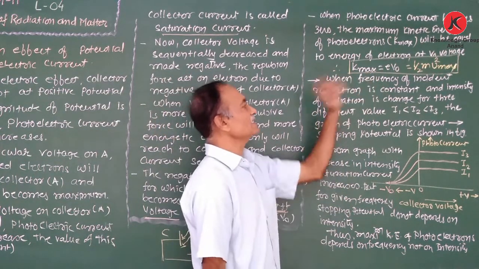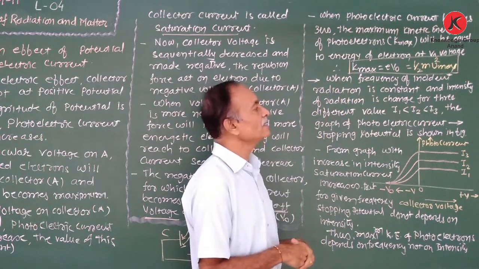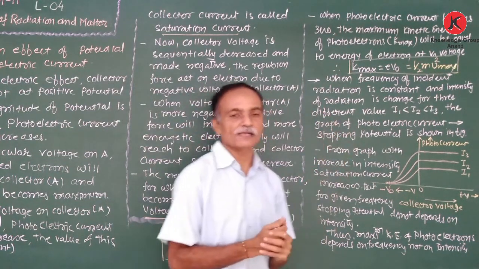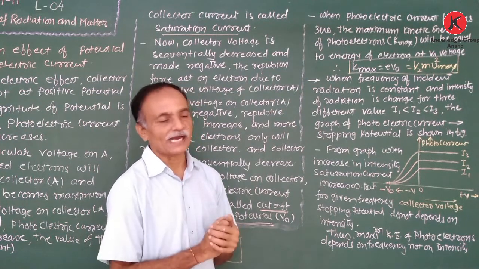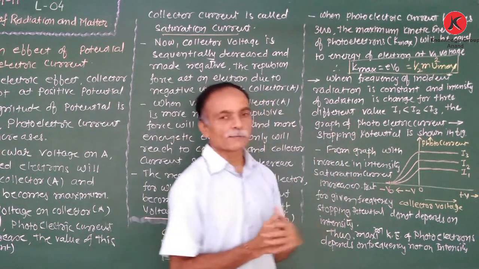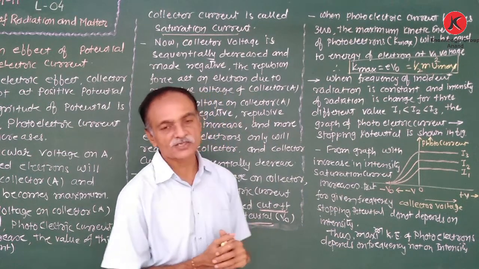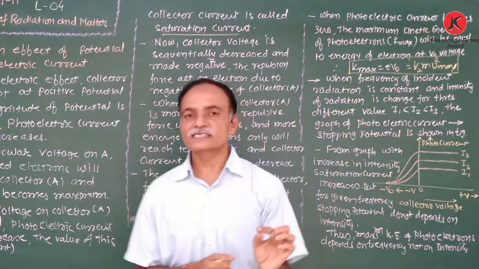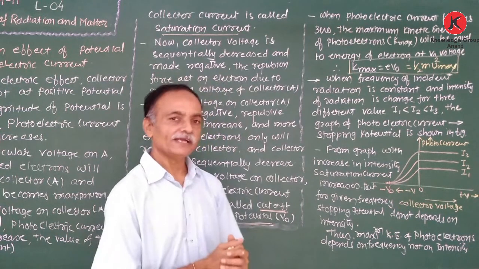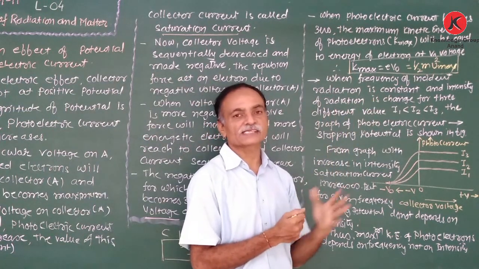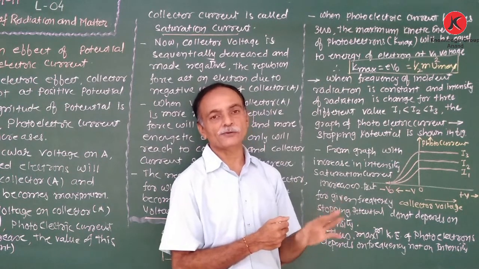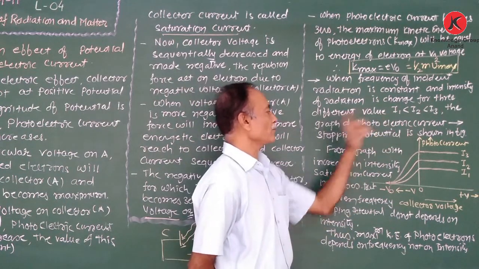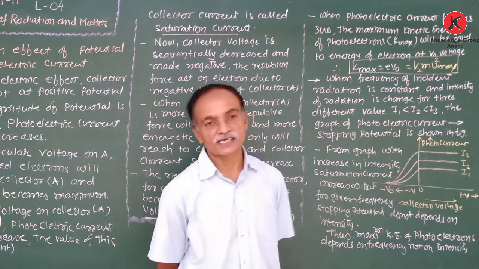When the frequency of the incident radiation is kept constant and the intensity of the radiation is changed for three different values, I1 less than I2 less than I3, the graph of photoelectric current versus stopping potential is shown in the figure.